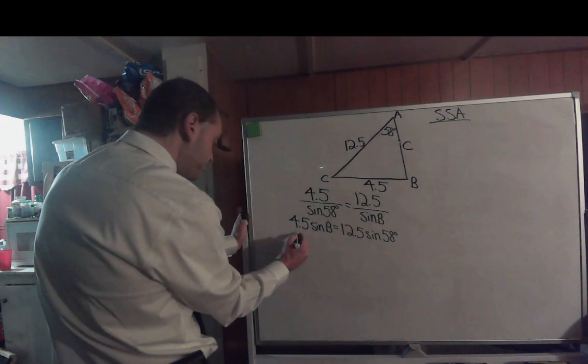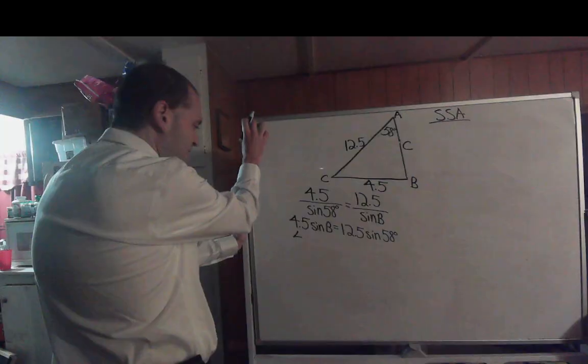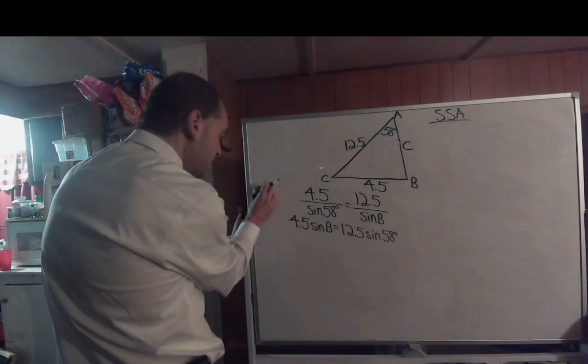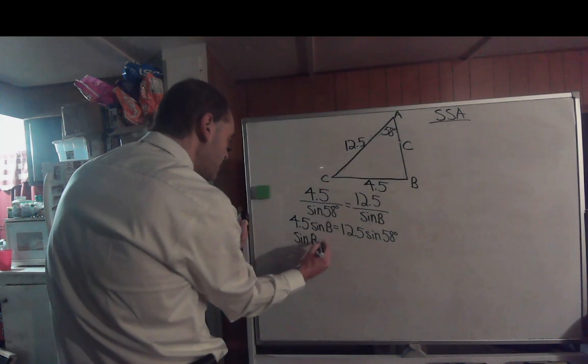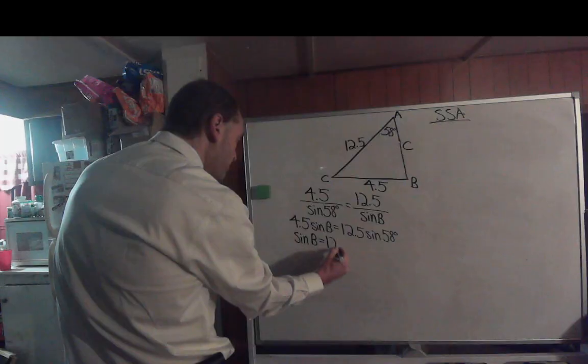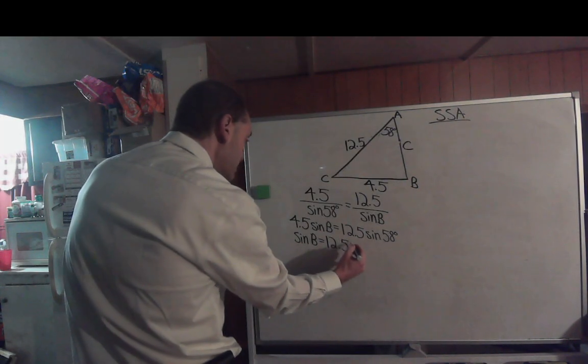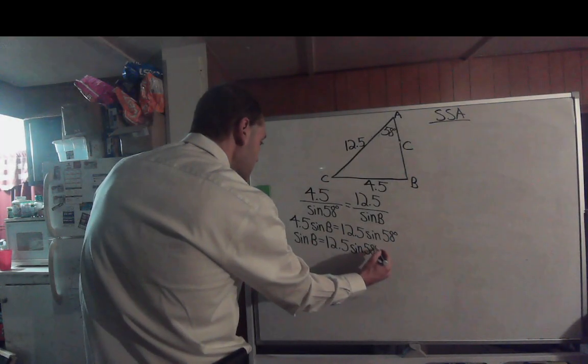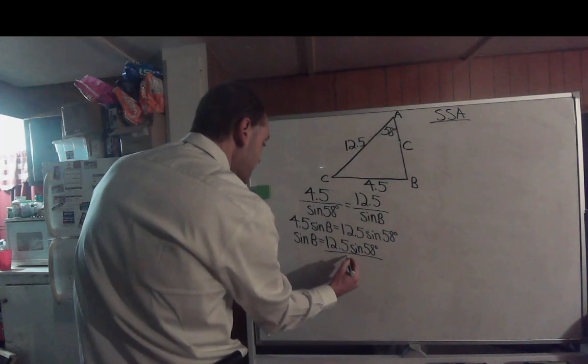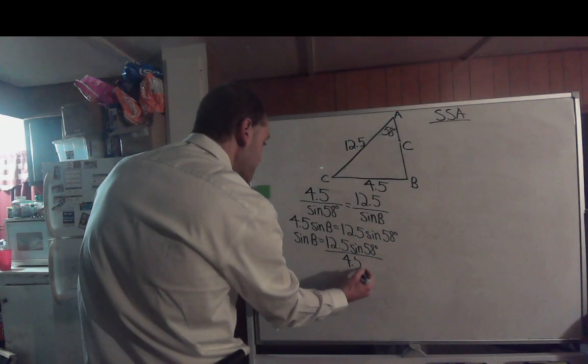So then, I'm sorry, that's not what I wanted. That means that the sine of B is equal to 12.5 sine of 58 degrees divided by 4.5.